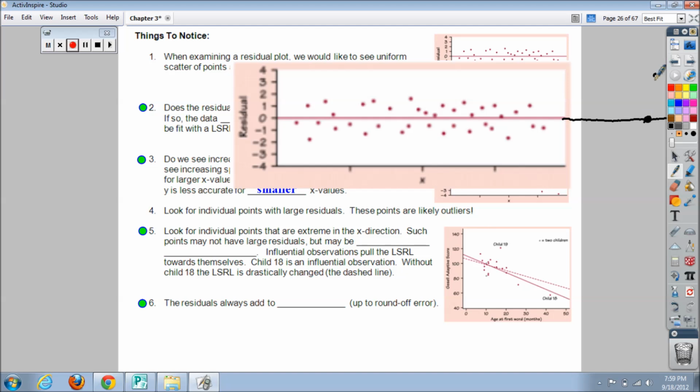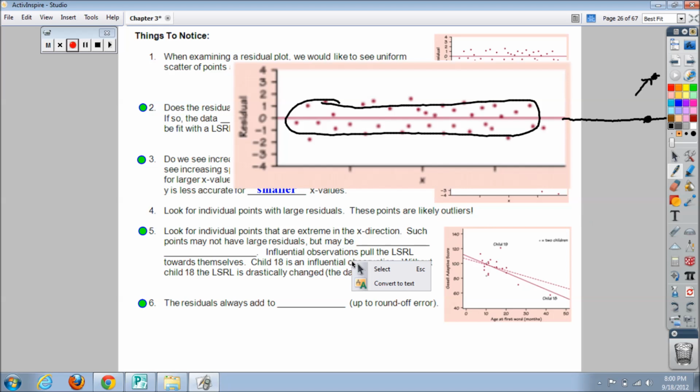You could have a person that's way up here, a large residual, but most people are clustered around a central area. Way on later, this is like the 42-month-old kid who finally said his first word. He's probably going to be an outlier, or what we're going to call later an influential point. That one kid's going to throw off potentially your predictions for other kids.